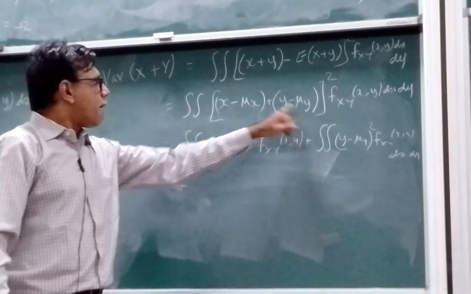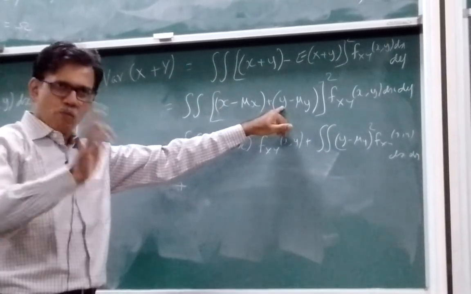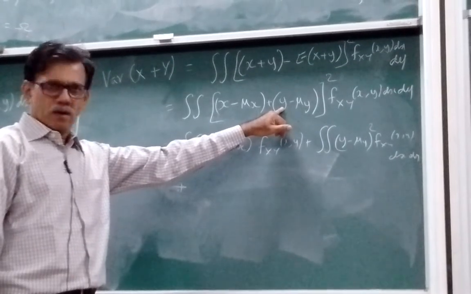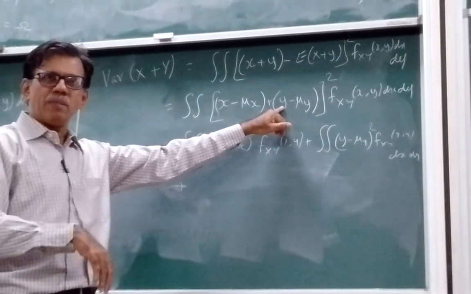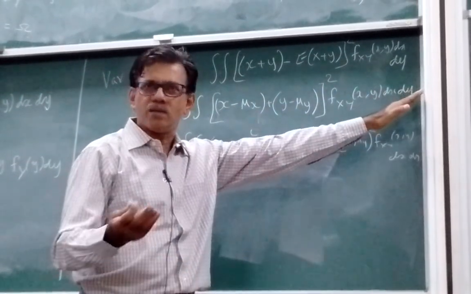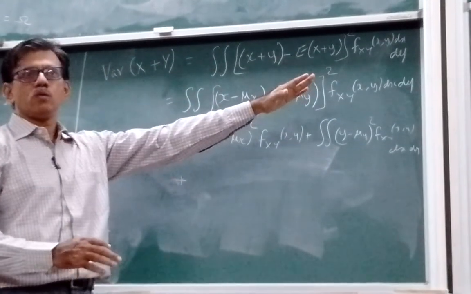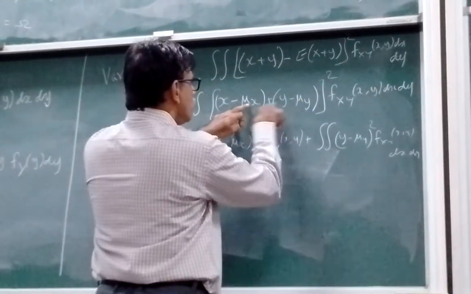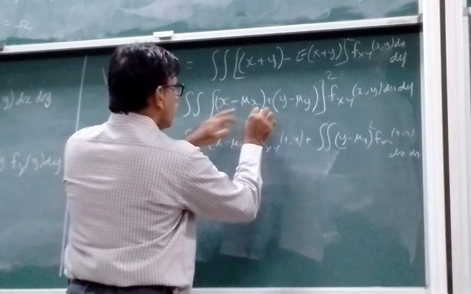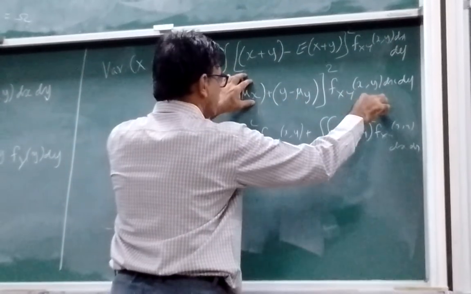Okay, but mu x is a constant, minus mu x into y, if I am going to integrate it, that minus mu x can be taken out. So y into f x y of x comma y dx dy is there. I am integrating, see if you do it this one, mu x into y, this goes away, this y into this one is there.